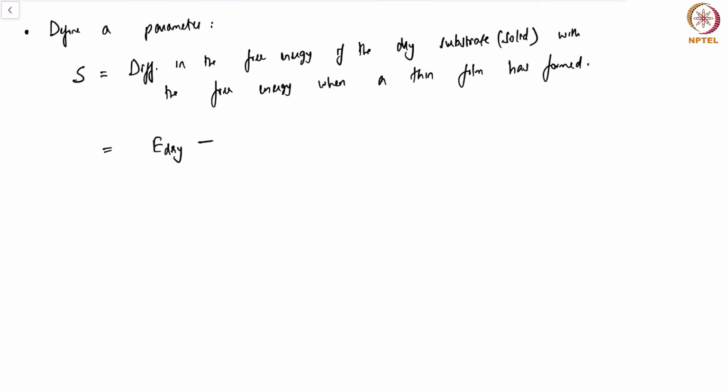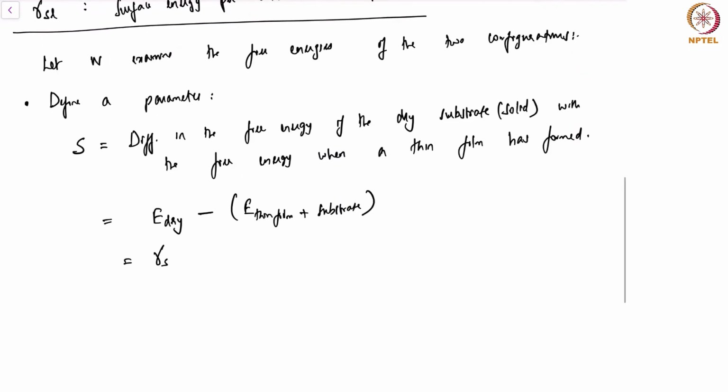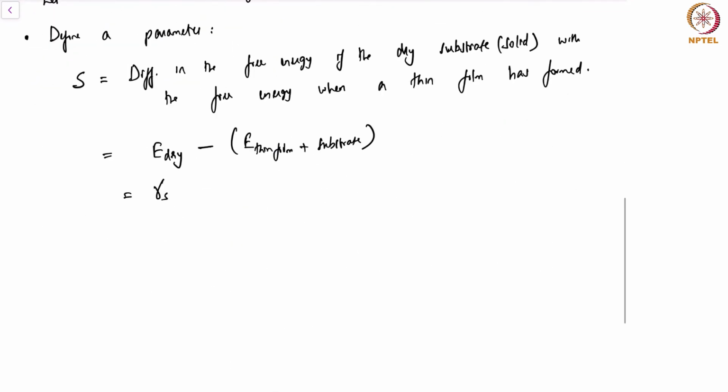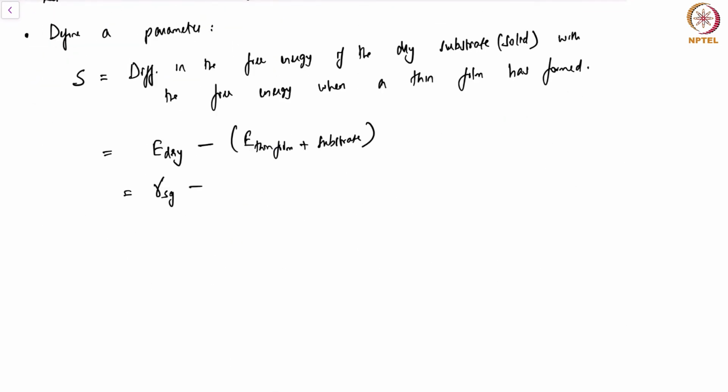So the free energy after a thin film is formed would be nothing but the free energy of the thin film plus the substrate, right? If I calculate all these per unit area, then this would be gamma S, that's just the surface energy of the solid-gas surface, gamma Sg, let's call it for now, minus the thin film.